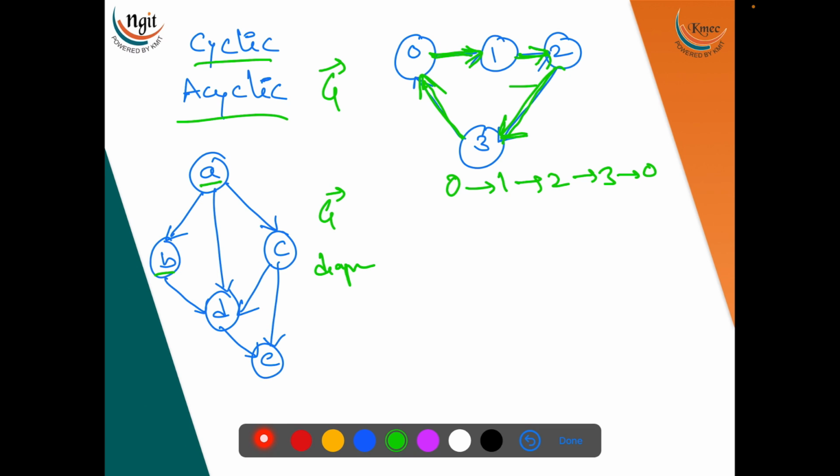That means, look at this, you will not form any cycle with these directions. So A to B, B to D, D to C, and there is no out edge from E to the other, so we stop here. It doesn't form a cycle, hence it is called a directed acyclic graph. And this is a strongly connected graph, and this is a directed acyclic graph.